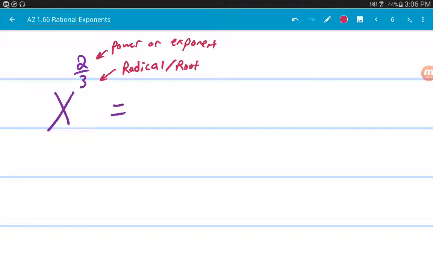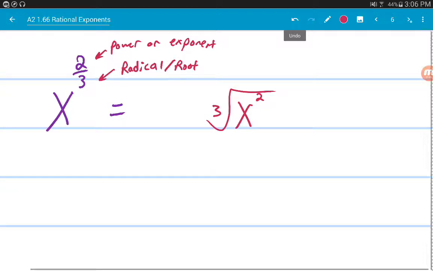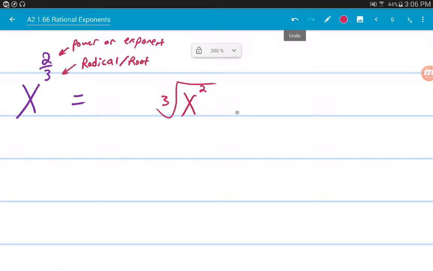So if I'm going to rewrite this in radical form, it is x squared, because that's the power of the exponent, on top, so it's x squared, underneath a third root. Or you could also write the root first, it doesn't matter. So I could say that this is x underneath a cube root, a third root, with a square on the outside. Those are both true.